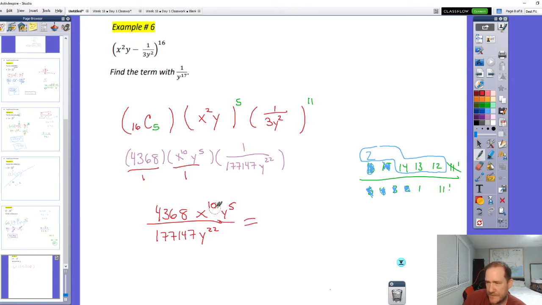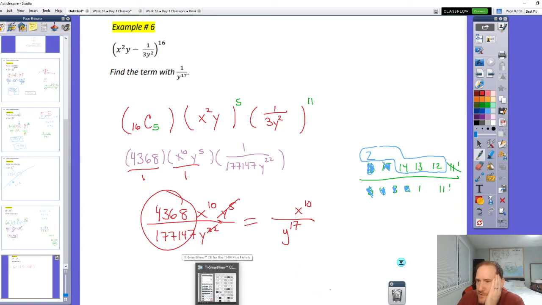So that means we can let these cancel and we get the precious y to the 17th in the denominator that we needed. We have an x to the 10th in the numerator, and then whatever this is, it's probably going to reduce. It definitely does reduce. So reduce it. Put it in your calculator, reduce it.